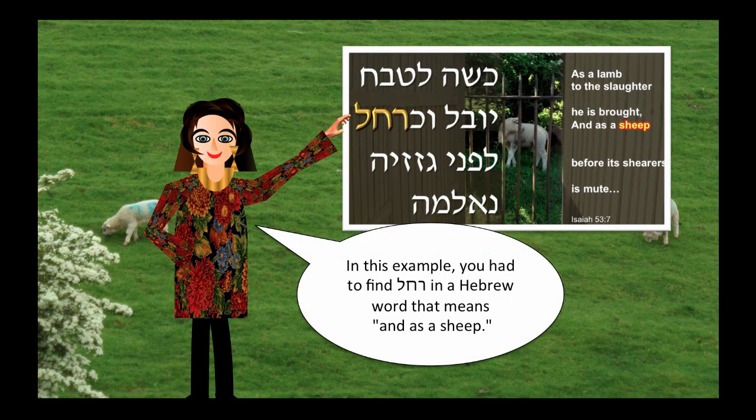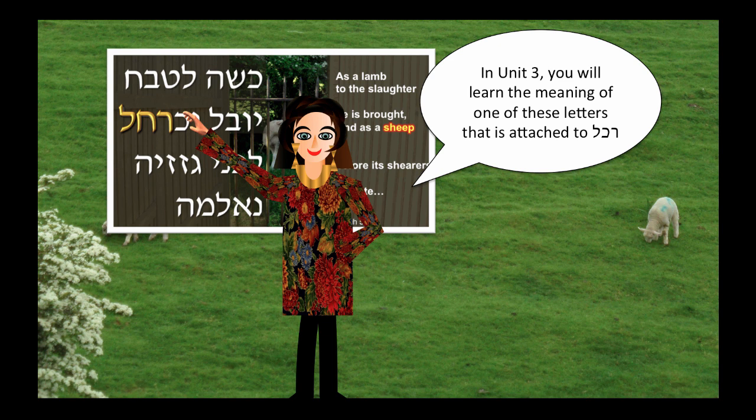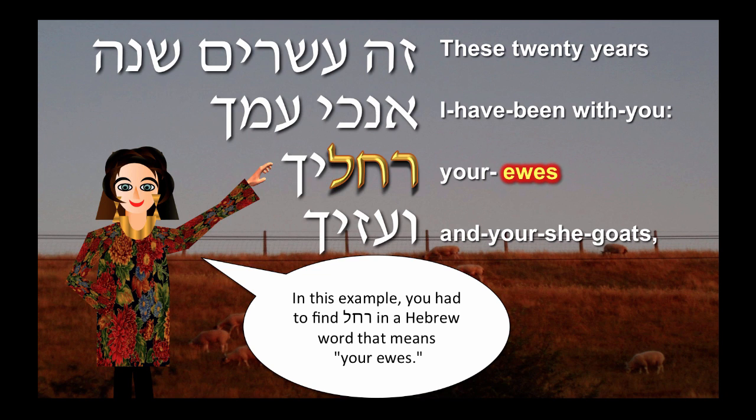In this example, you had to find Rachel in the Hebrew word that means "and as a sheep." In Unit 3, you will learn the meaning of one of these letters that is attached to Rachel. In this example, you had to find Rachel in a Hebrew word that means your ewes or your sheep.